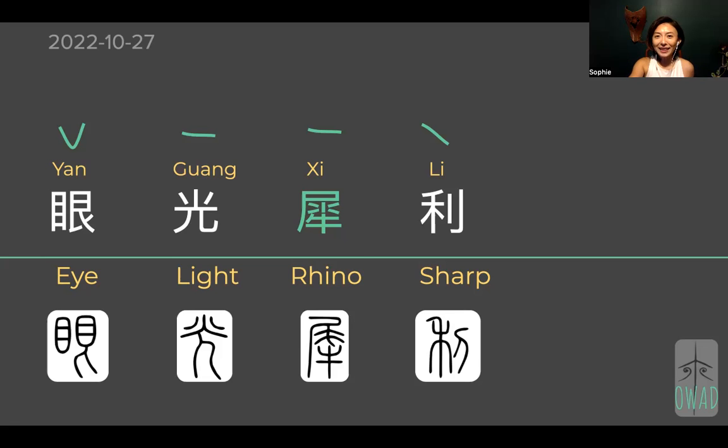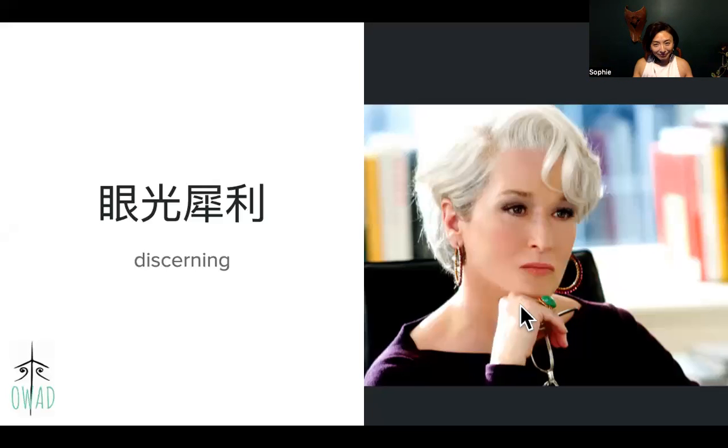So 眼光犀利, I use the Devil Wears Prada, the boss over there, in this posture, like she was doing this, right? She was judging right now, trying to decide or figure out what this person is, or trying to find a solution, or categorizing something.